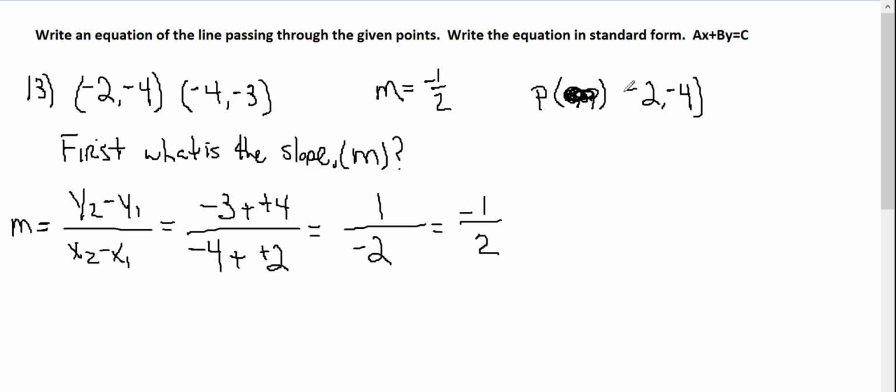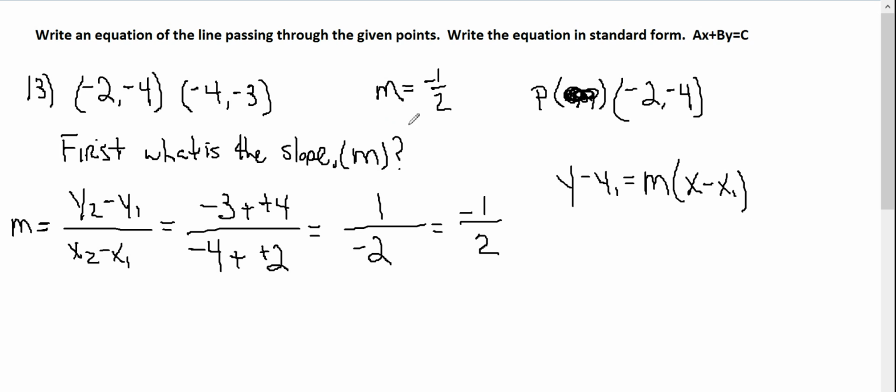Whichever one looks easier, but they look the same to me because they both have negatives. Now I need the point slope formula, and remember that is y minus y1 equals the slope m times x minus x1.